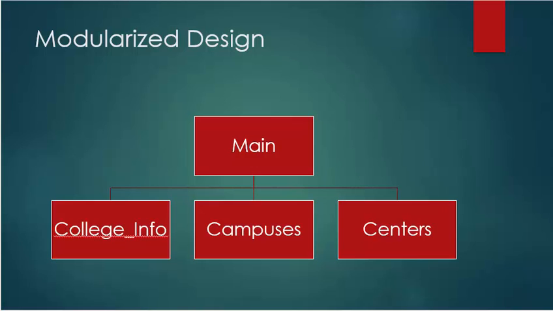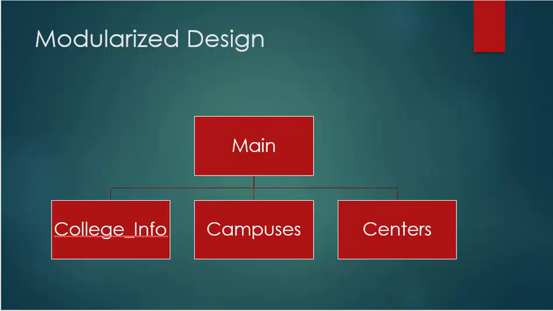So we took the logic out of the main, which was about everything, and divided it up into smaller, more manageable components. One only to tell us about the college information, one only to tell about the campuses, and one only to tell about the centers. And all of these will be called by the main. So in this particular case, main, being the main module, calls all other modules and becomes the caller module, and all other modules become the called modules.